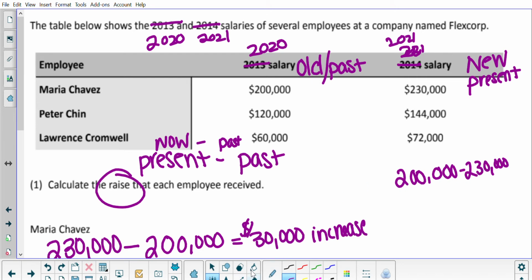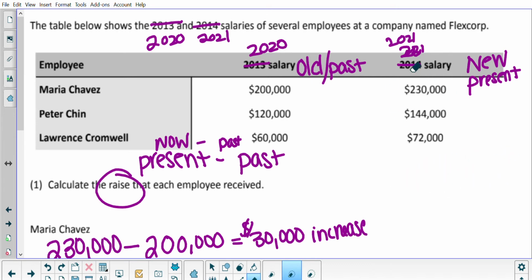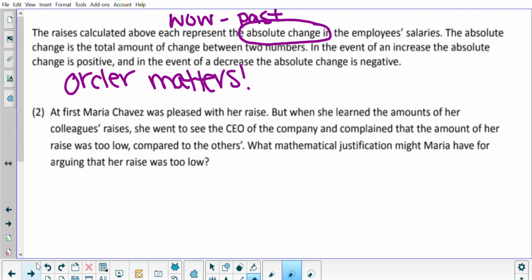So again, order matters. It has to go, what is my new, my now, okay, minus my past, okay? My new minus my past, my now minus my past, my present minus my past. There's so many ways that you can say it, but just know, and I kind of like the now minus past one, that order matters, and it always goes my newer one, my now, minus my past, okay? So let's look at that second question.